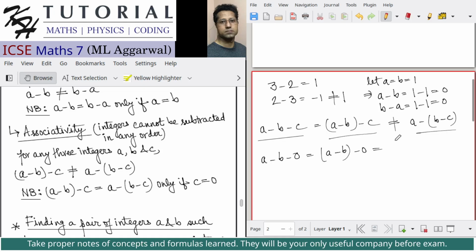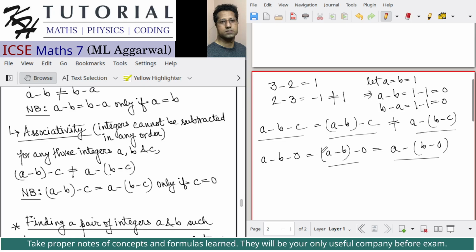This will also be equal to first doing the subtraction b minus 0, and then subtracting the result of b minus 0 from a. These two will be the same only if c is equal to 0.